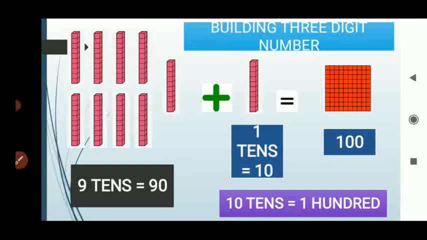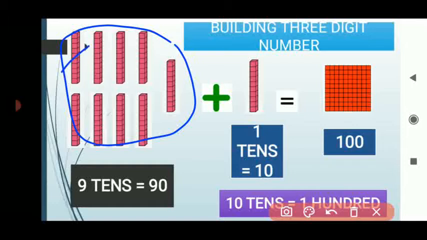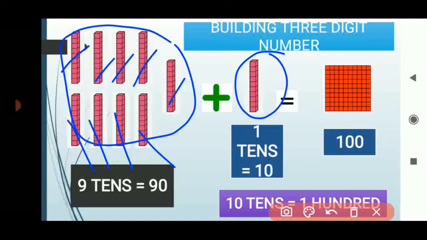Now, if we say there are 9 tens, 1, 2, 3, 4, 5, 6, 7, 8, 9. 1 ten is equal to 10, 2 tens, 20, 3 tens, 30. Similarly, 9 tens will be 90. And if we add 1 more ten to it, we will get 100.